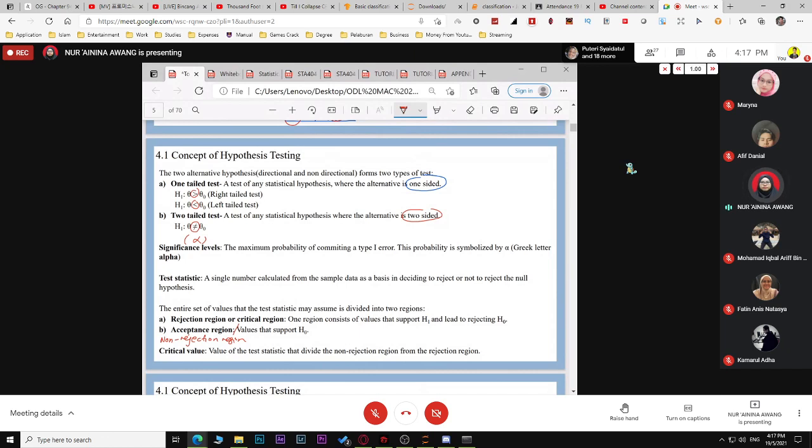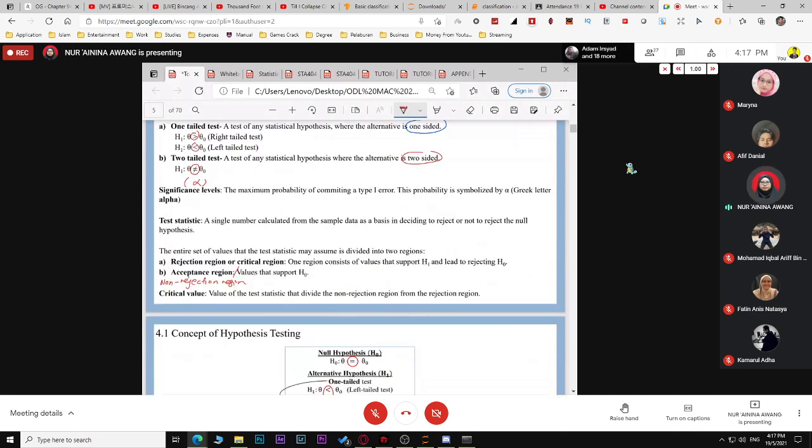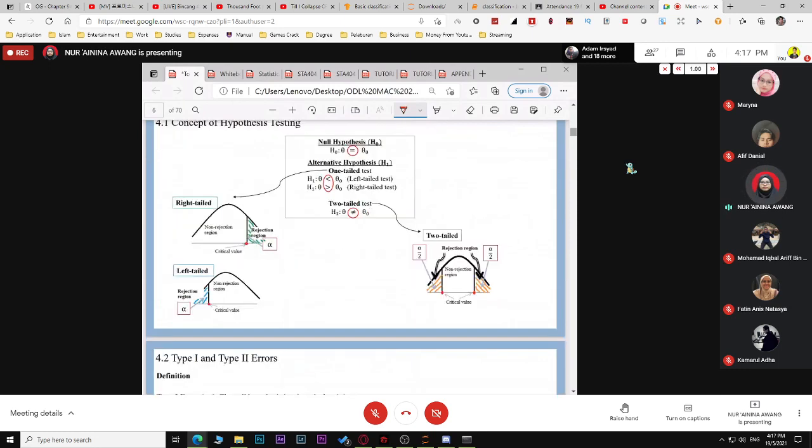If your test statistic lies in the non-rejection region, we say we will fail to reject H null, so we support our H null statement. And the last one, we have the critical value, which is the value of the test statistic that divides the non-rejection region from the rejection region. Okay, so to see these terms more clearly, we will look at this graph.